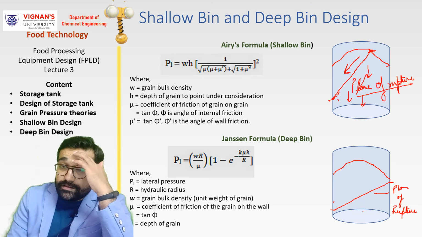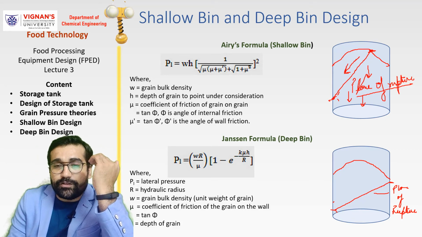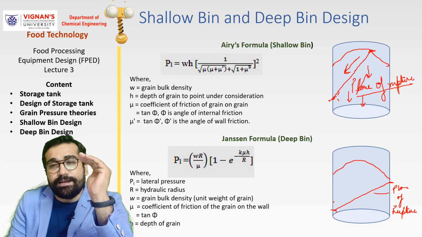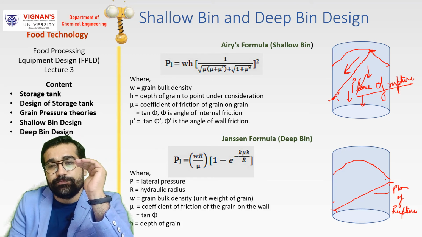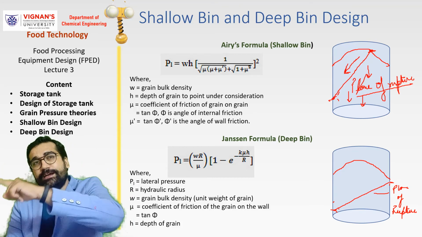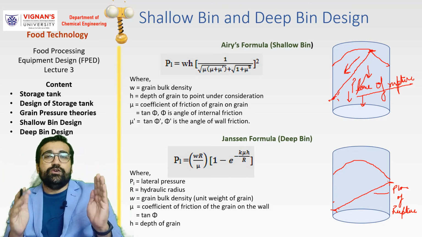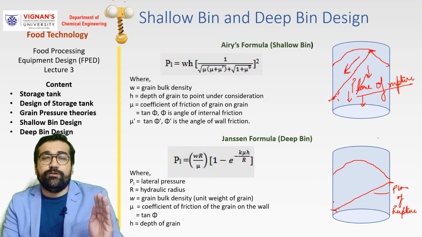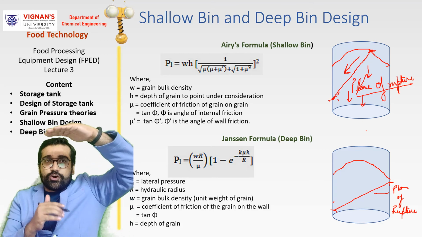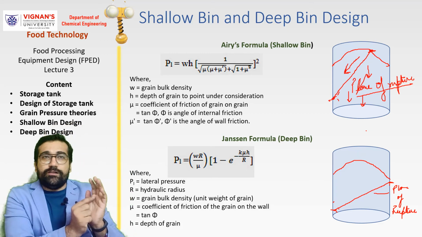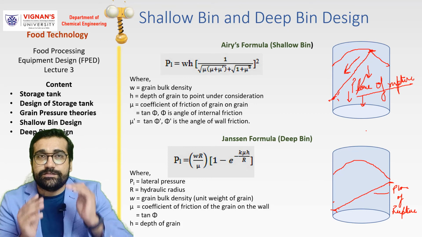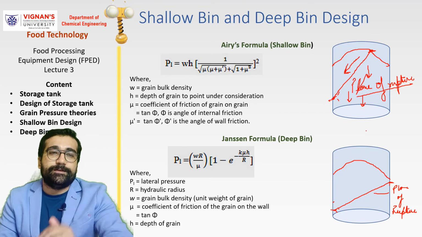So both ends of the plane of rupture will touch the opposite walls of the silo, whereas in a shallow bin, it will touch the top of the grains and one wall. This is the difference between shallow bin and deep bin.